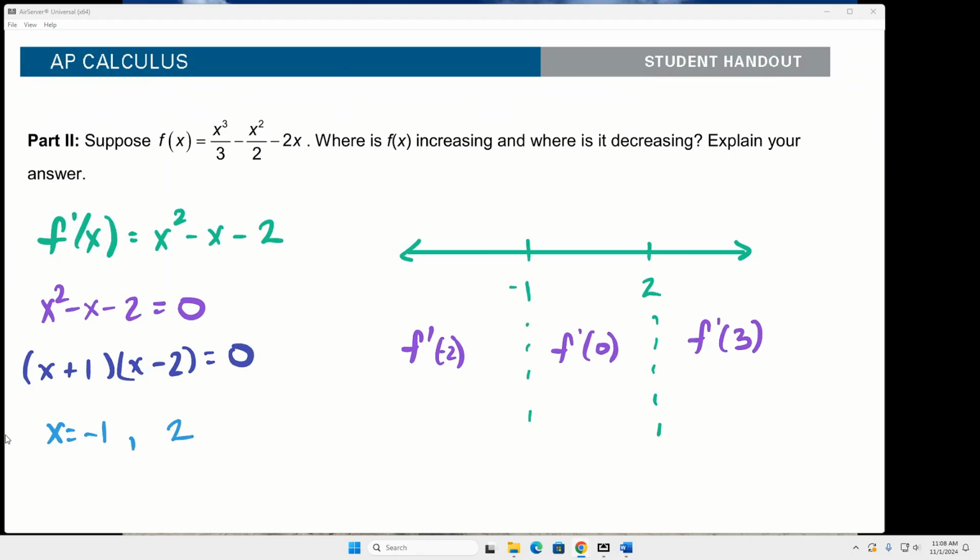And we don't have to get exact values, we just need to know positive or negative. And then if you want to draw your little arrows, you can.